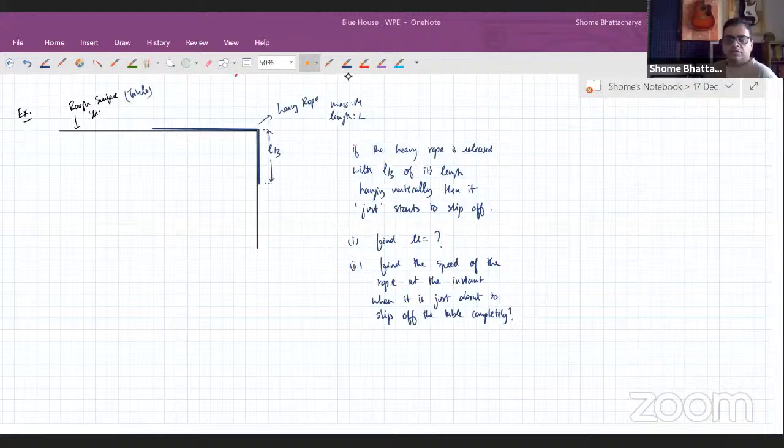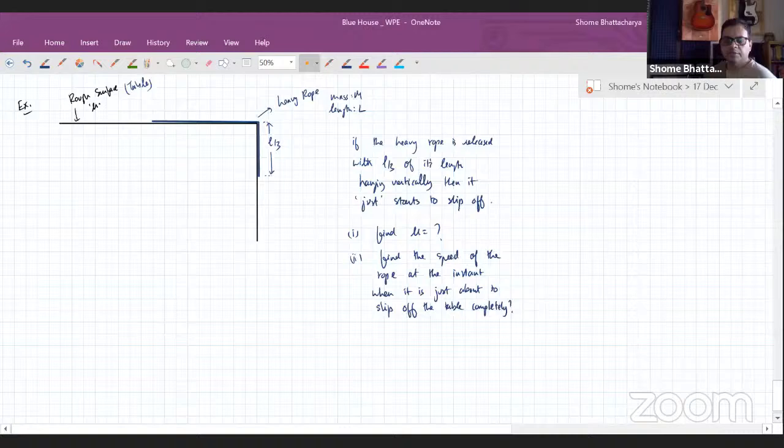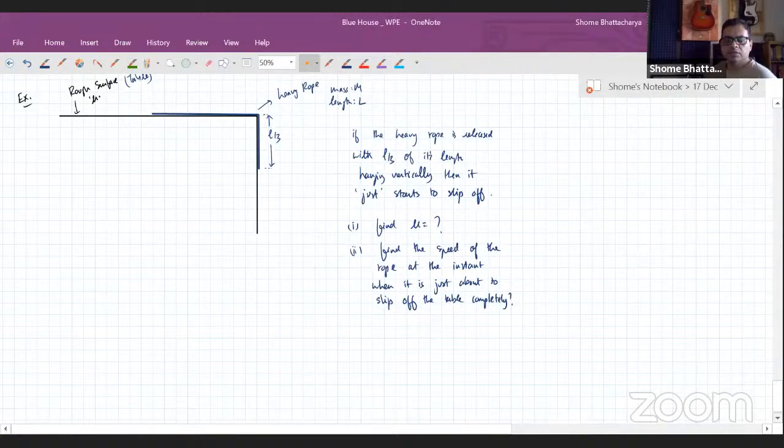Okay, so let's understand the first part. If it's just about starting to slip when this length is L by 3, it means that the friction acting at the top is limiting friction, but it's just about to accelerate. So let's understand what's happening when it just about starts slipping.